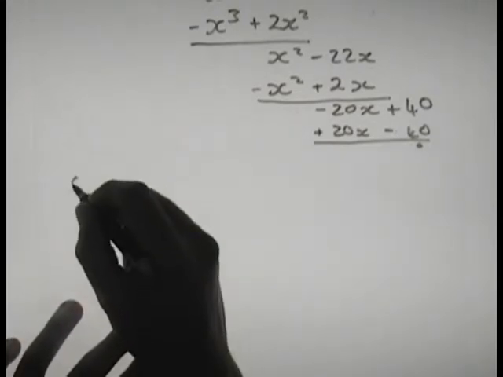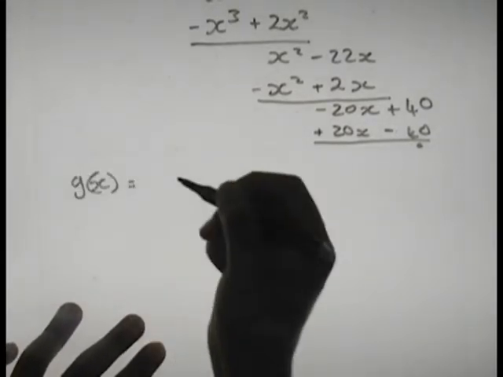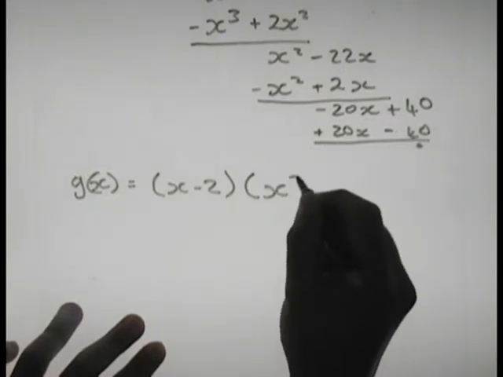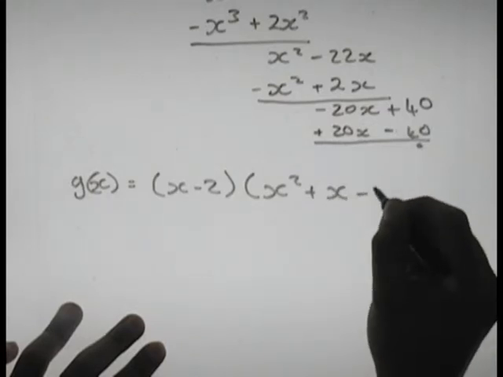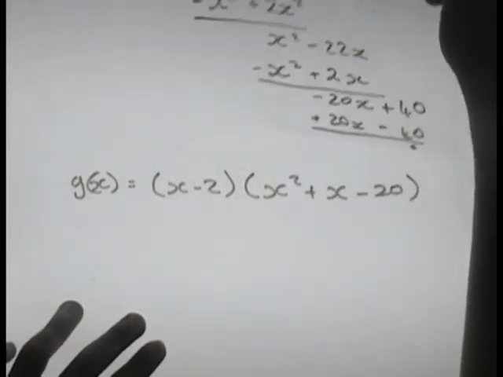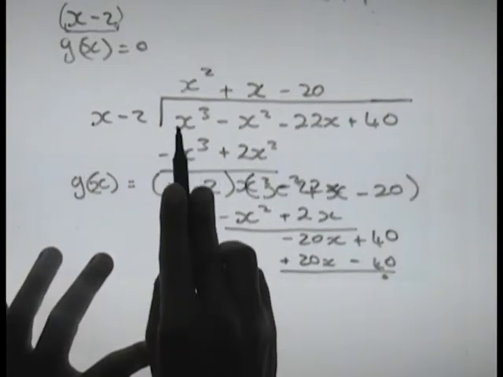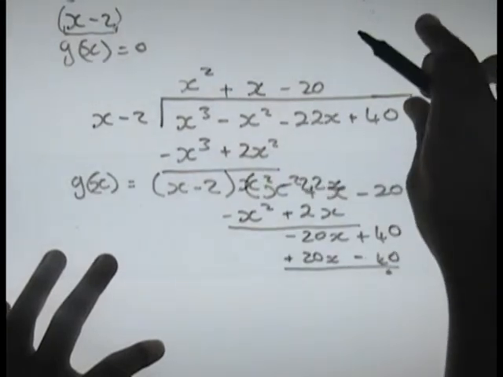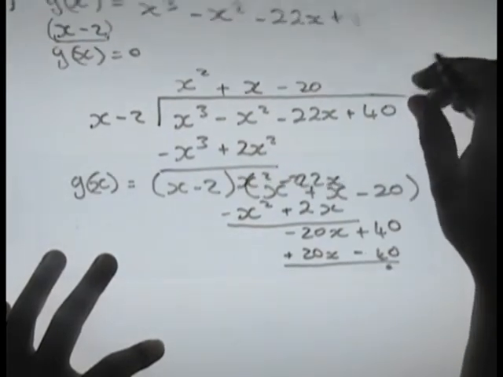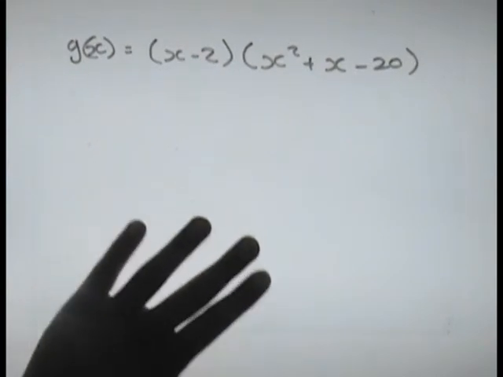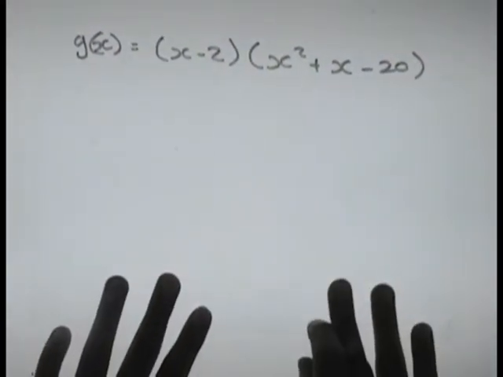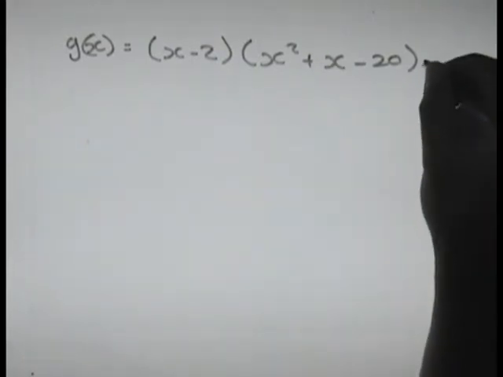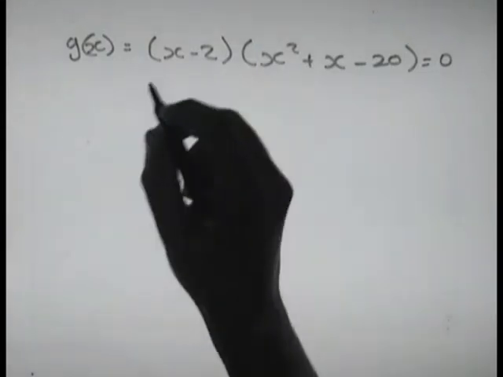That means that g of x is equal to x minus 2 multiplied by x squared plus x minus 20. Now I'm looking for when this is equal to 0.